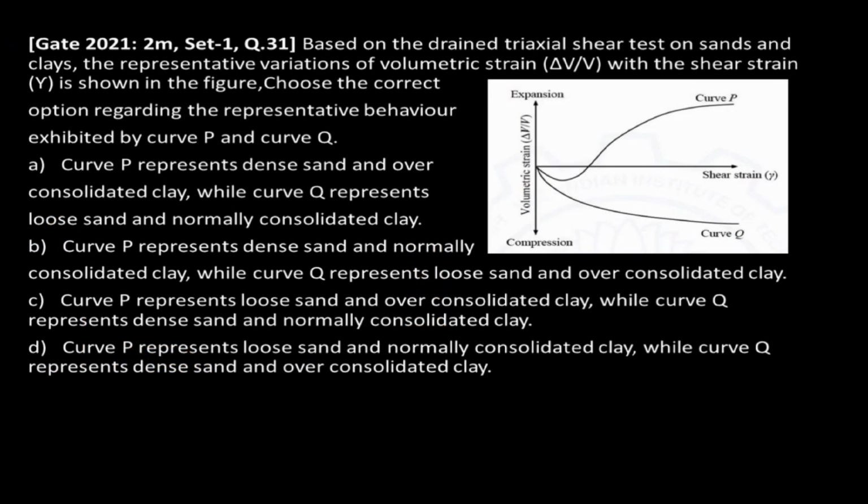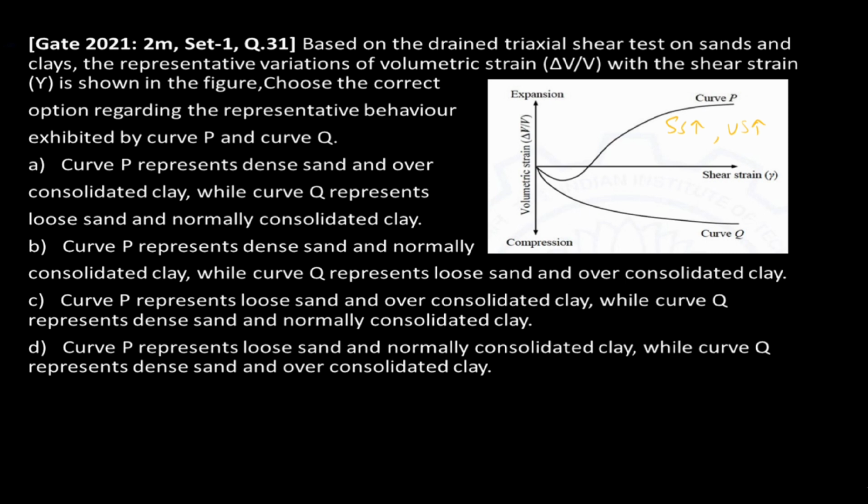In this question, they have given the graph of volumetric strain versus shear strain. So if you see both graphs, for curve P, shear strain is increasing, and volumetric strain is also increasing.